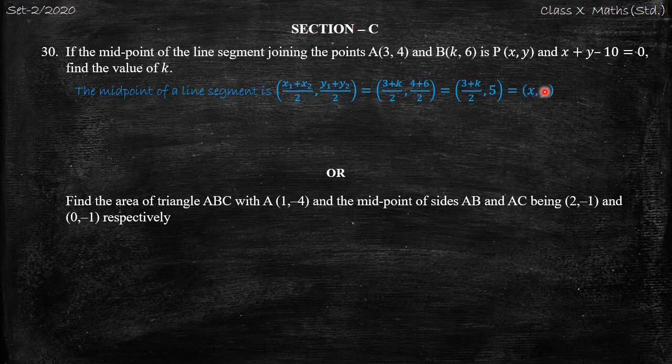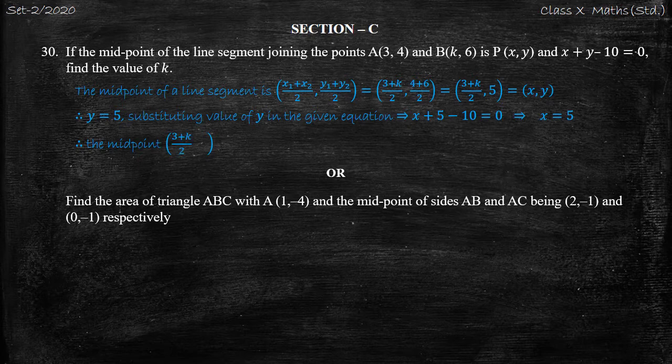Now here y equals 5, right? That information you can substitute to get the value of x. Okay, now we get x and y. So the value of x, substitute here to find the value of k, which is equal to 7 now.